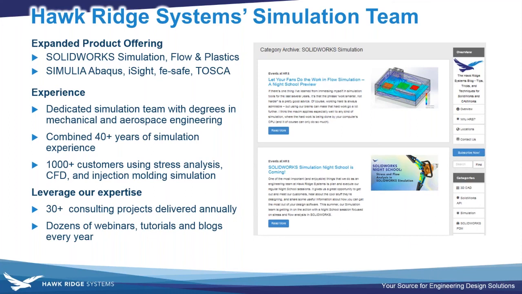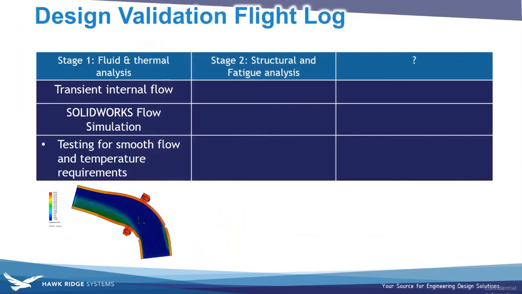structural concern, let's say. And that's what we were trying to show you with this three-part webinar series in the month of May. We just looked at some of the capabilities of SOLIDWORKS Flow Simulation. And so what we might want to look at next is, are those temperature gradients that we found going to cause some structural issues or not?